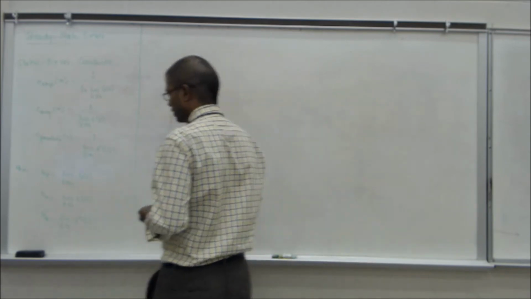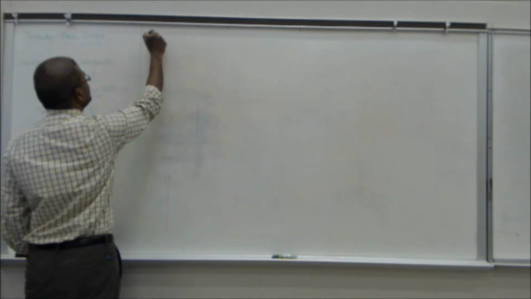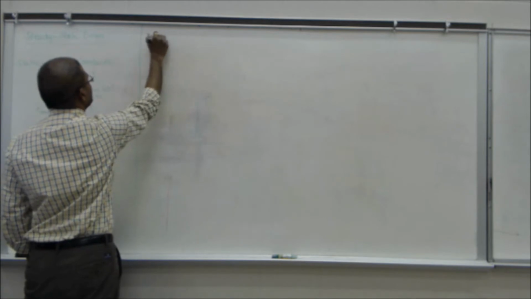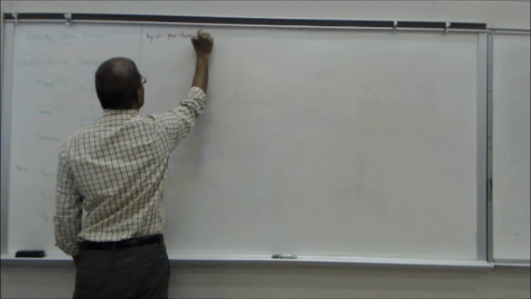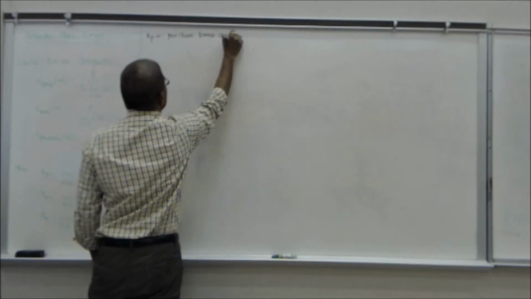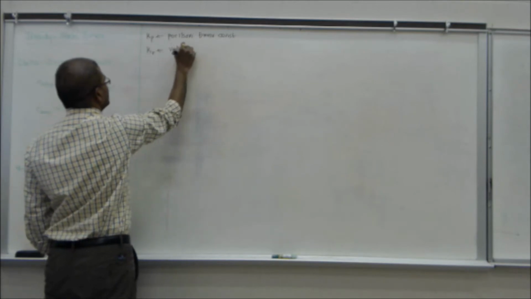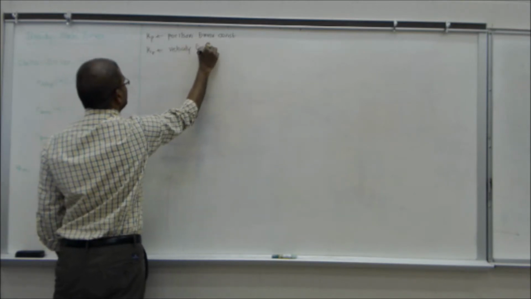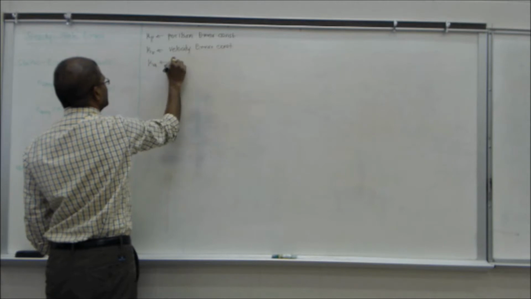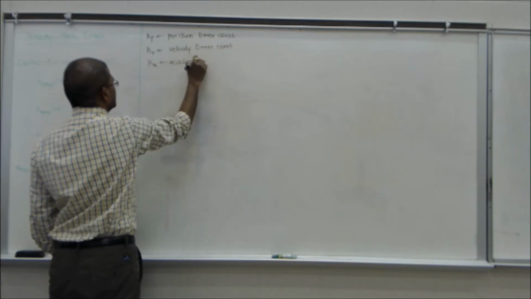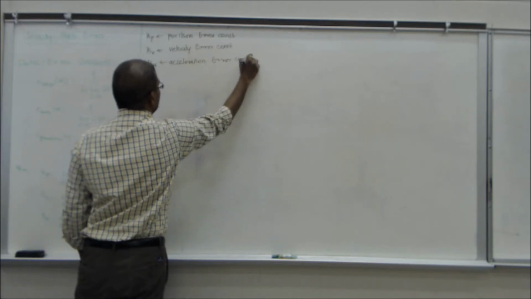So in terms of the static error constants, Kp is the position error constant, Kv is the velocity error constant.